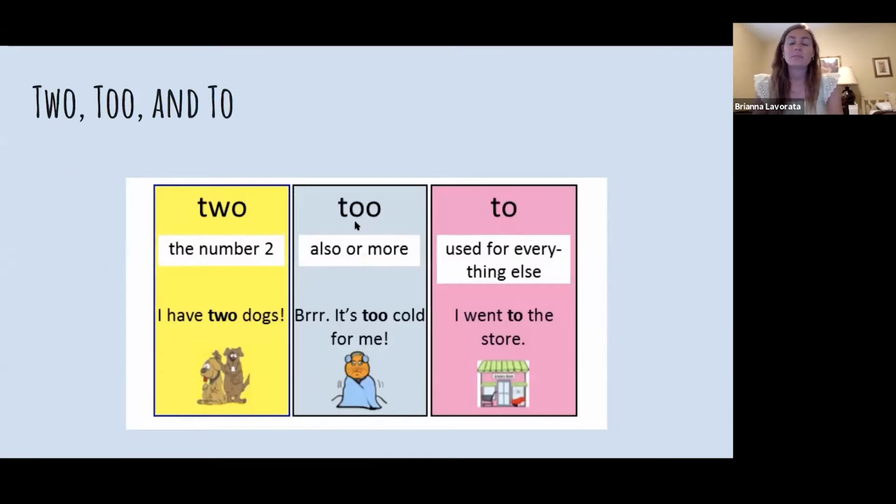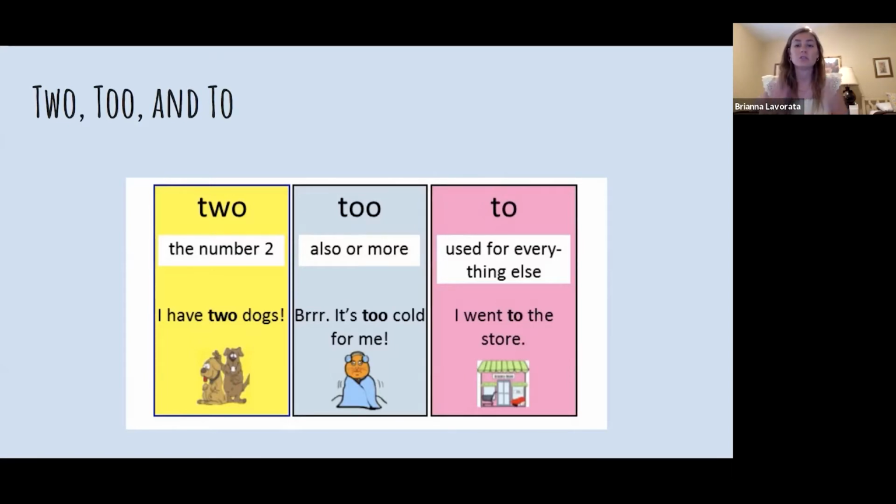T-O-O is what you use when writing when you have more of something, if it's also or more, okay, so that's the definition. But if you're expressing yourself, like, it's too cold, or I have too much food, or if you have a lot of something, or I have too little, right? So that's where we use T-O-O.